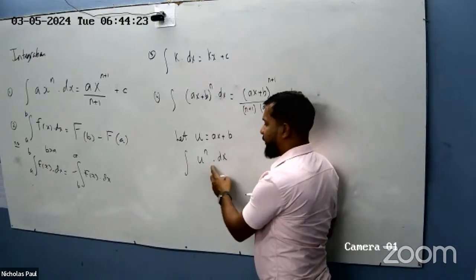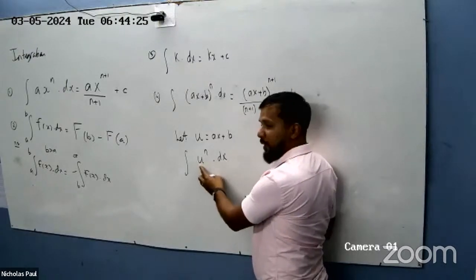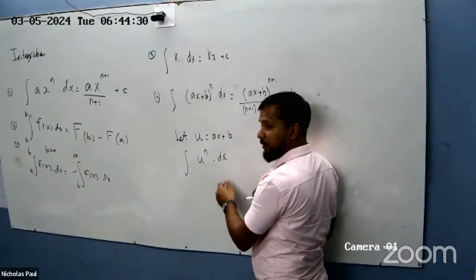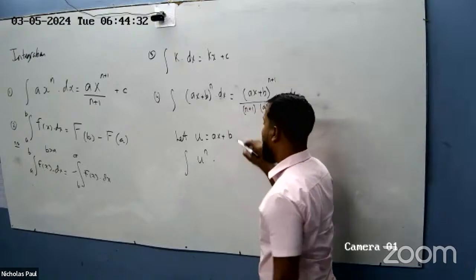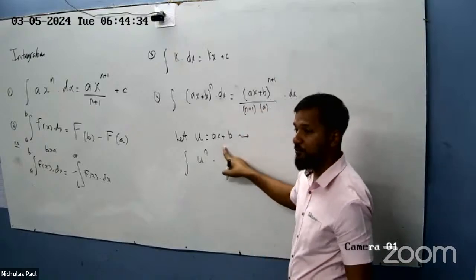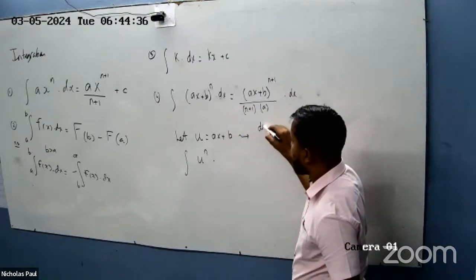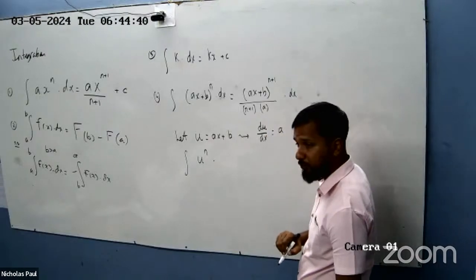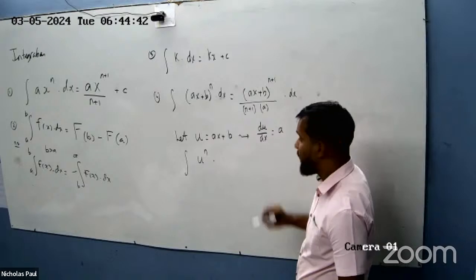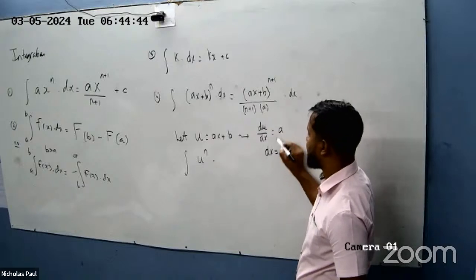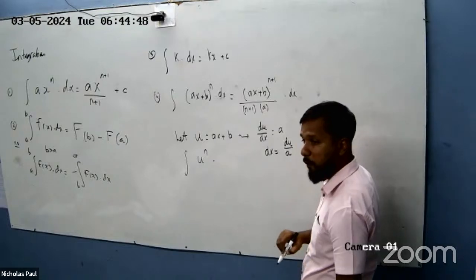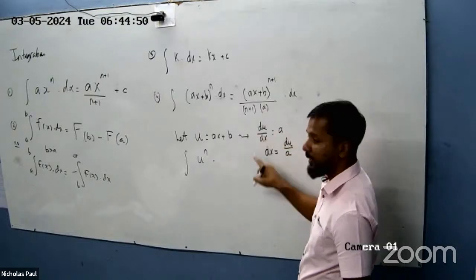I want to integrate something with respect to x, but there's no x here. What I'm going to do, Sarah, I'm going to differentiate this. And I will get du/dx is equal to a. So therefore, dx is what? dx will be du all over a.